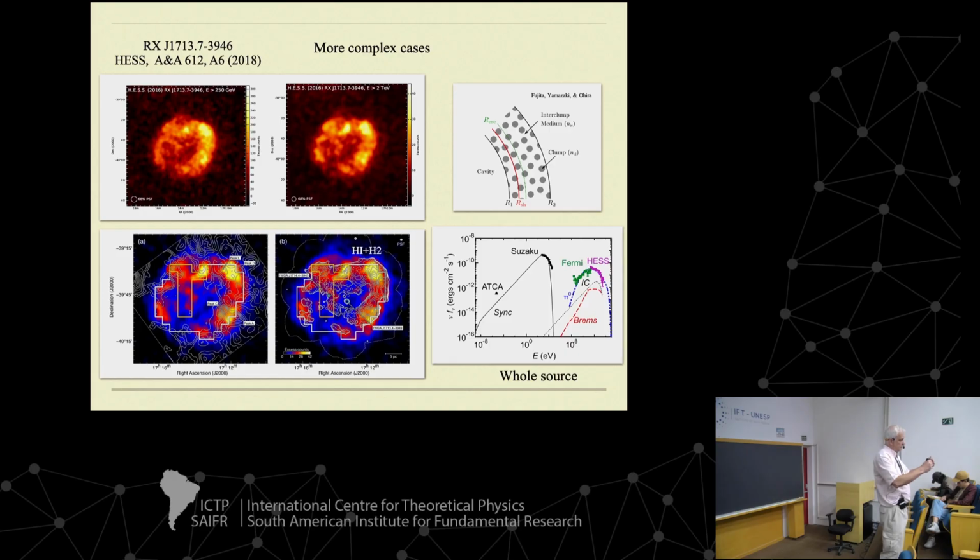So the reverse shock, which moves in a cleaner medium, is the most suitable one for particle acceleration. It would be adiabatic in most cases. Of course, it depends from case to case. But for instance, when you have also a pulsar inside, the pulsar creates a bubble, so it's very easy to have adiabatic shocks in the bubble.